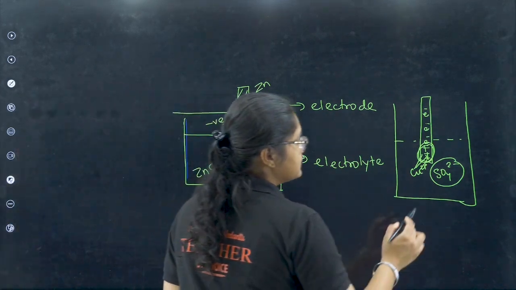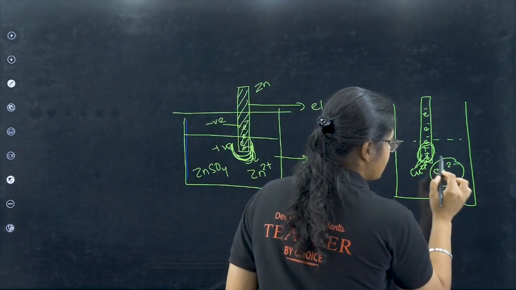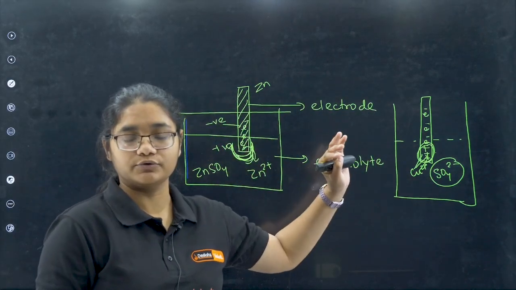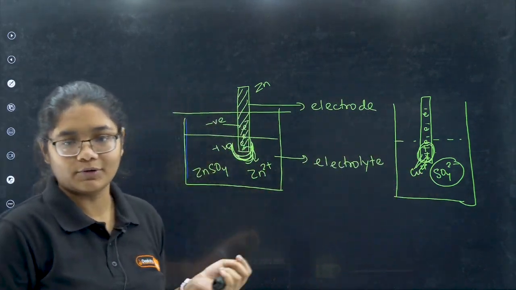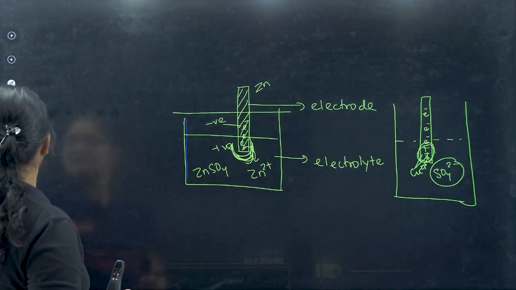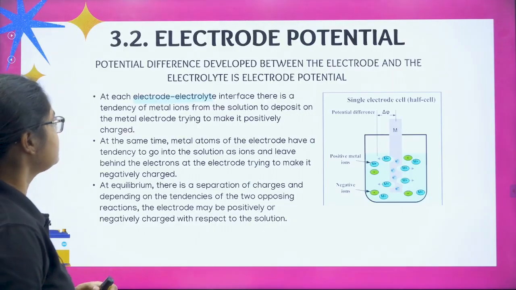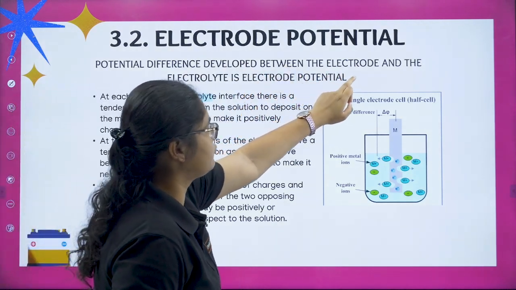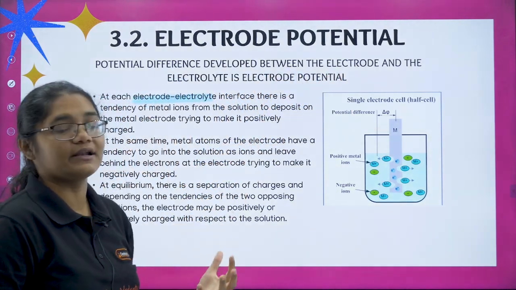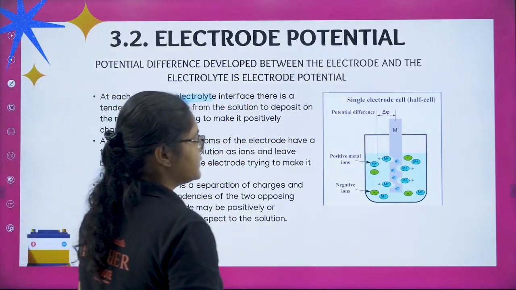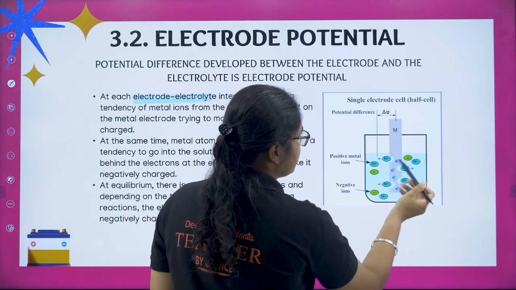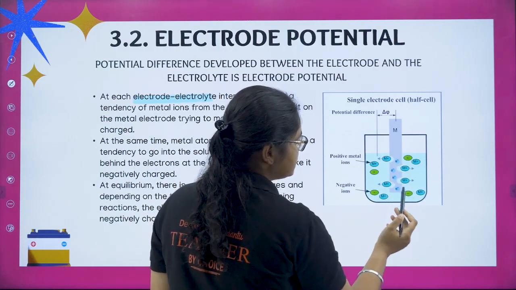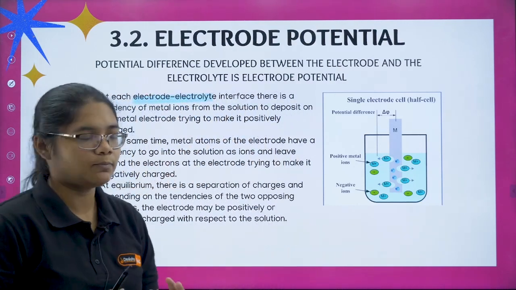This again creates a charge difference, due to which we have a potential difference here also. This is also called electrode potential, right? So let's see here: the potential difference developed between the electrode and the electrolyte is called your electrode potential. You can see here, if a metal is there, it comes out as M+, leaves the electron, and there is a potential difference here which is called your electrode potential.